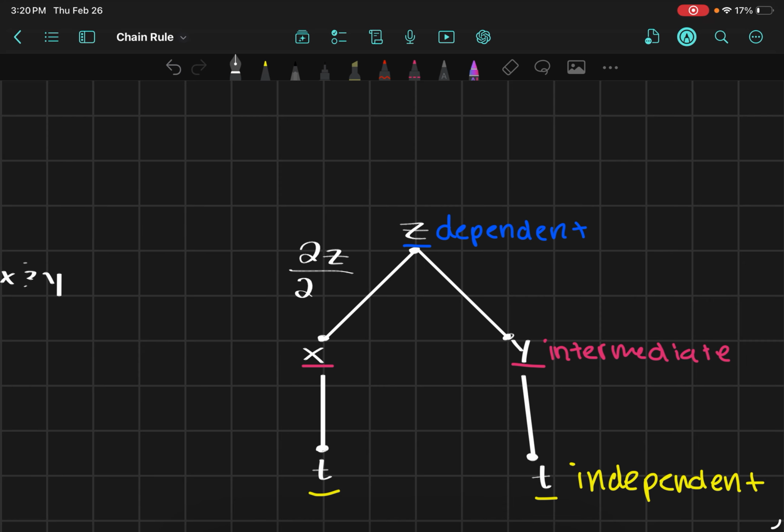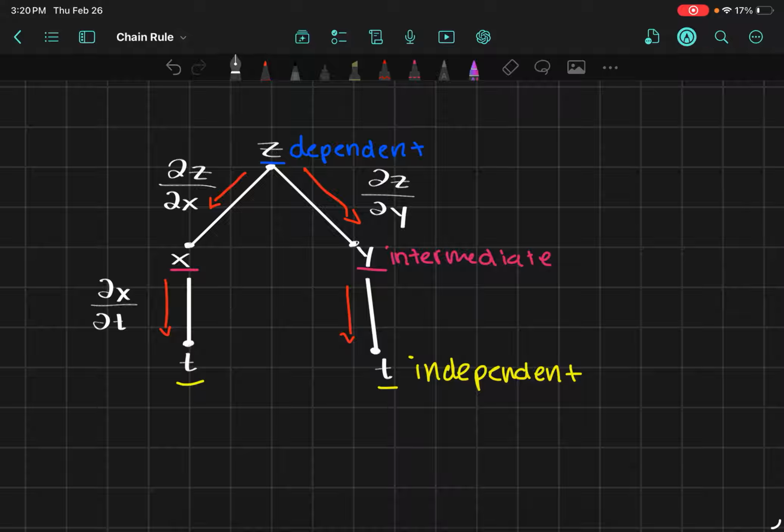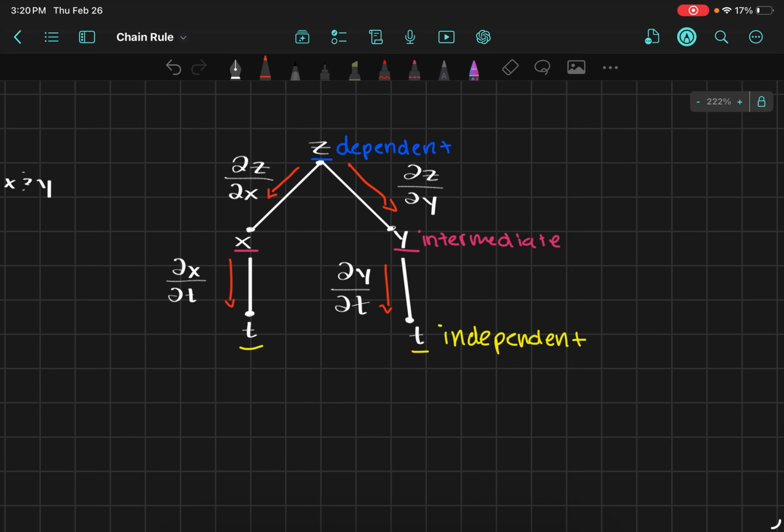And down, we are going to take the partial of x with respect to t. Let's do it for the other side. This way, we take the partial of z with respect to y. Now we take the partial of y with respect to t.